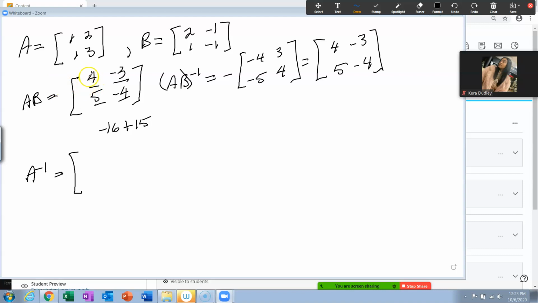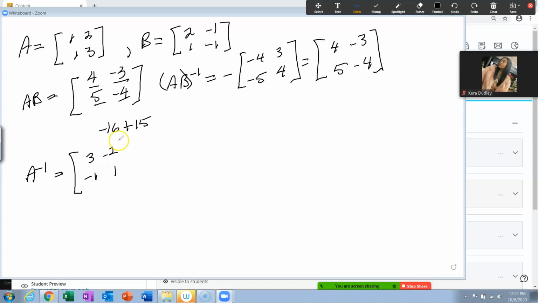Whoa, now that may be just happenstance here, but in case that is. Okay, so A inverse, the determinant is 1, and then we'll reverse these two, 3, 1, and -1, -2.